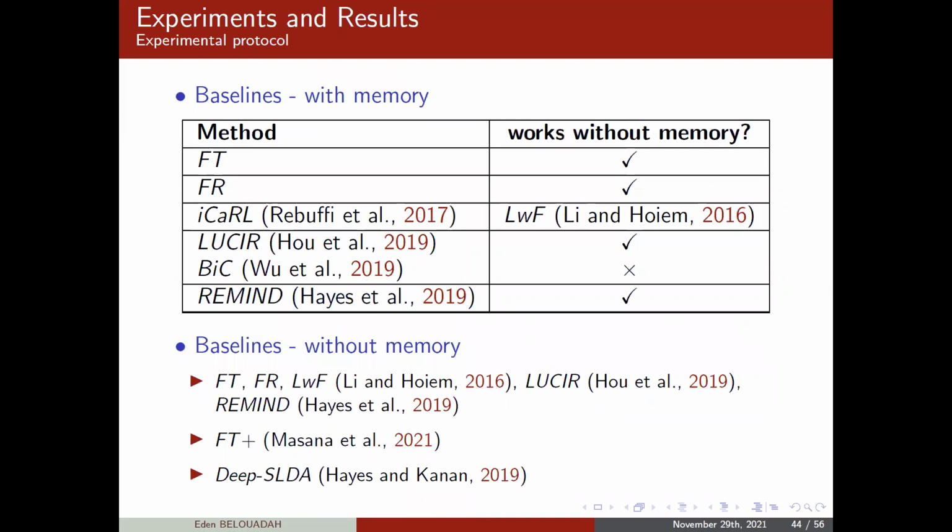We compare our methods to vanilla fine-tuning, end-to-end fixed representation, iCaRL, LUCIR, BiC, and REMIND, that is a fixed representation based method. Without memory, we compare with fine-tuning, fixed representation, learning without forgetting, that is a version of iCaRL without memory.